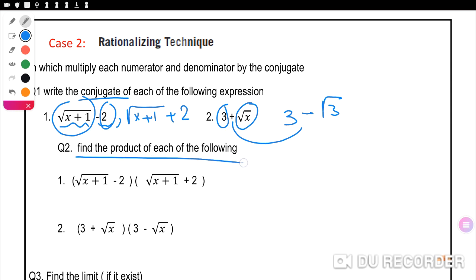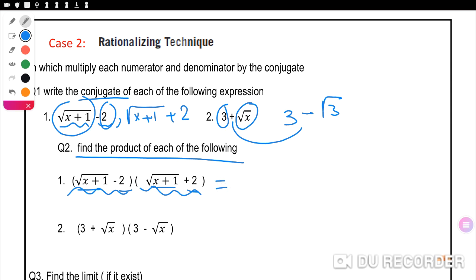How do we find the product of any expression and its conjugate? In this case, it looks like the factorization of the difference between two squares. The first term as the first term, second term as the second term, but the first has minus and the second has plus.